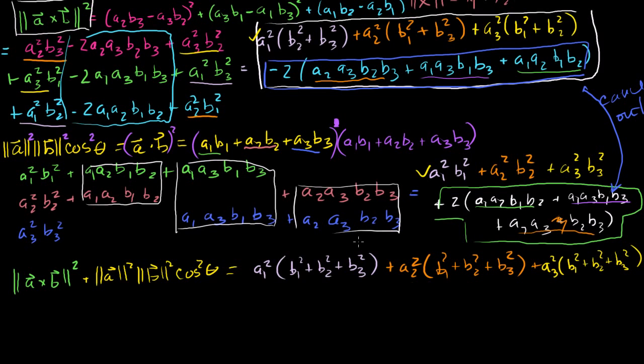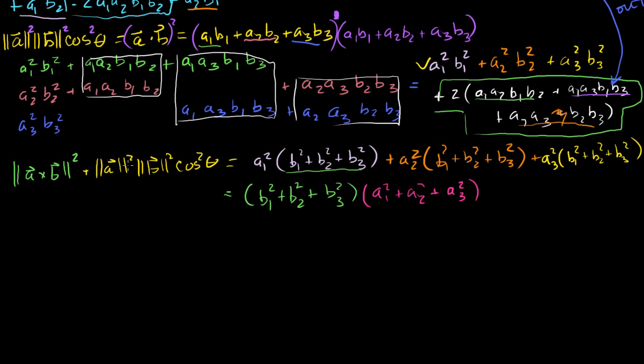So we can actually factor that out, and we get something very interesting. If we factor this thing out of all of the terms, we get b1 squared plus b2 squared plus b3 squared times my a squared terms, a1 squared plus a2 squared plus, I'm getting excited, the home stretch is here, a3 squared.